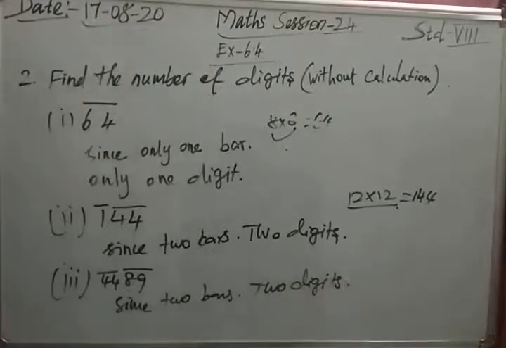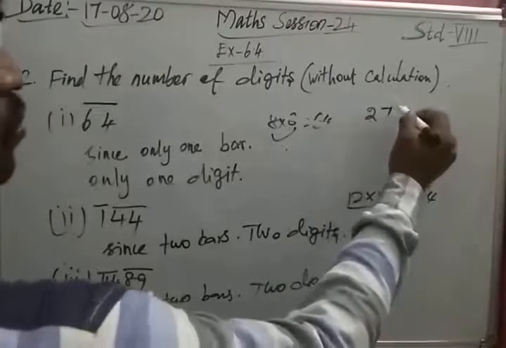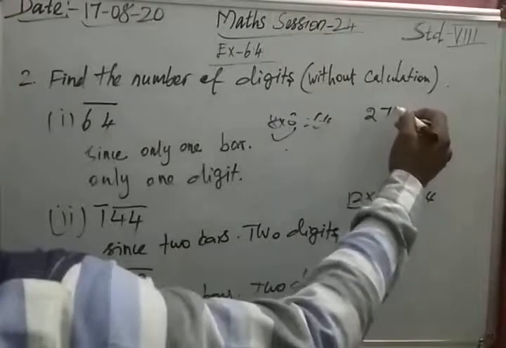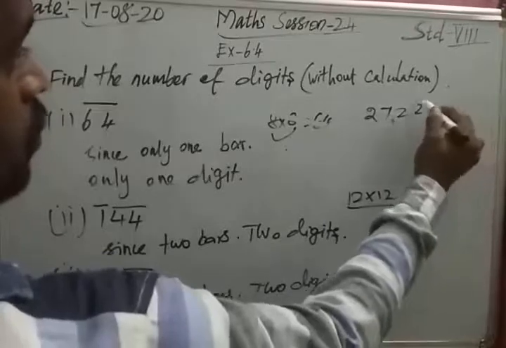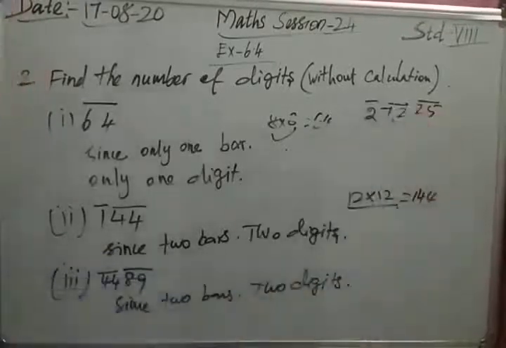Next, they have given 27,225. When we make the bars, we get 3 bars, so we can say there are 3 digits. Like that we can complete the balance sums also; you do them and complete them.